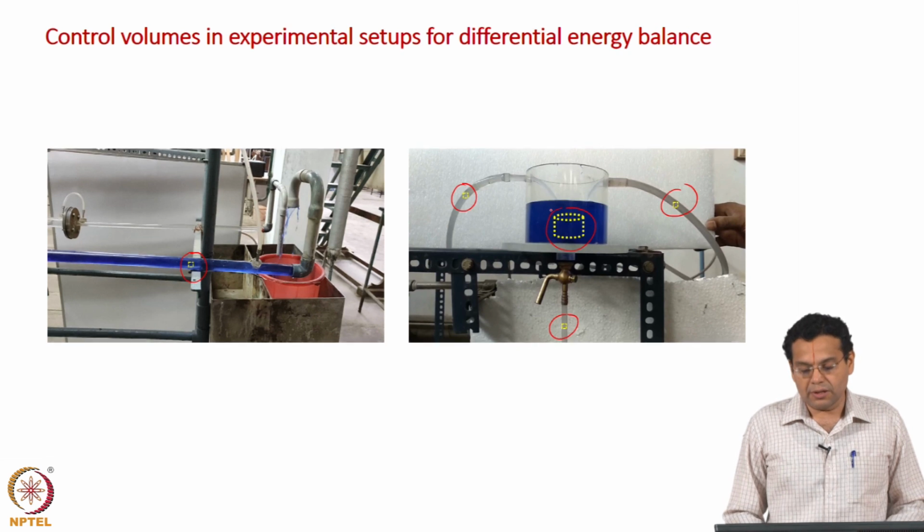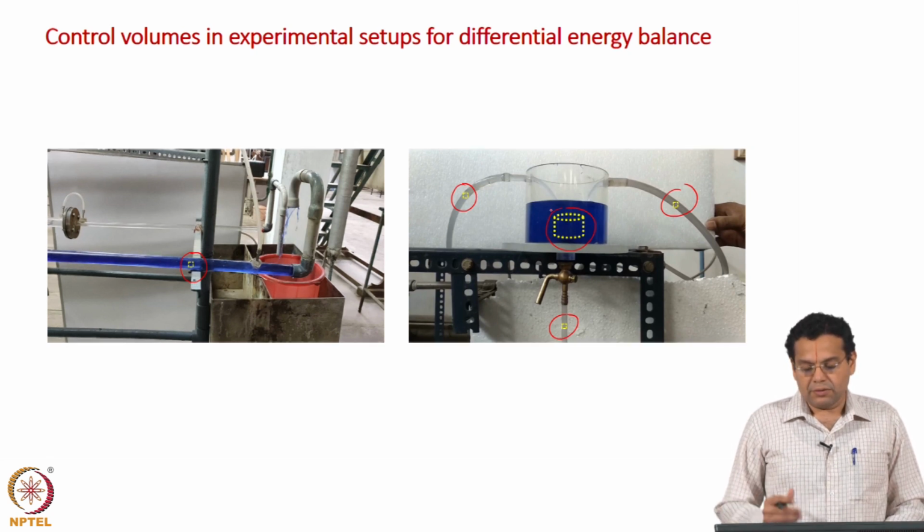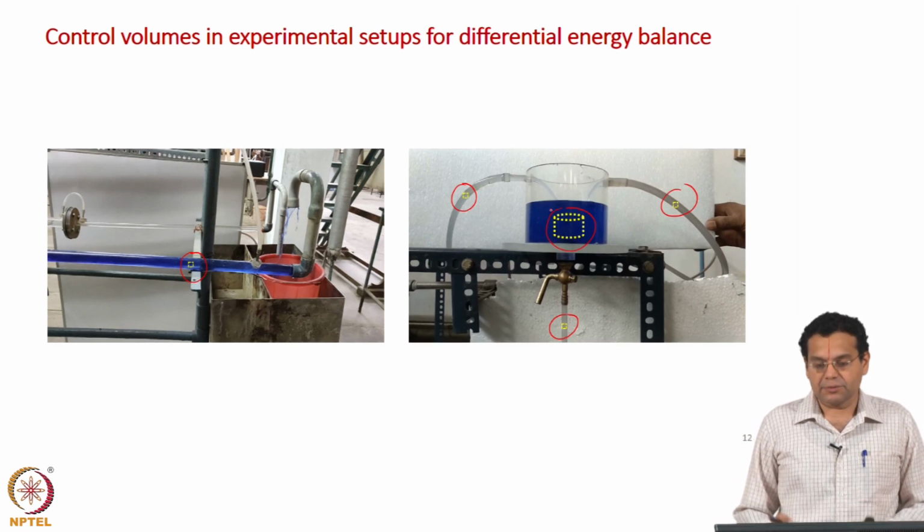And for this control volume, we are going to take into account the rate of change of energy, energy flowing in, flowing out, and then heat added to the control volume, then work done on the control volume. So, in a sense we are going to apply the integral energy balance for this small control volume.